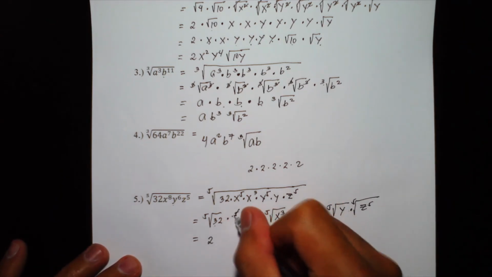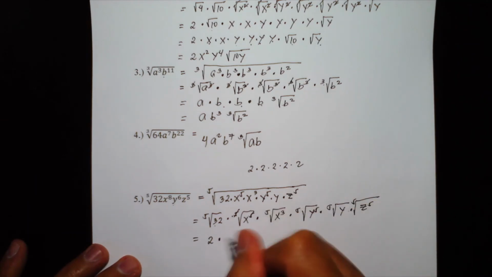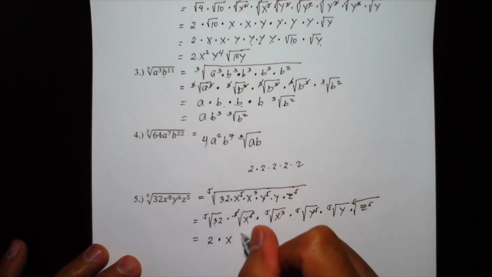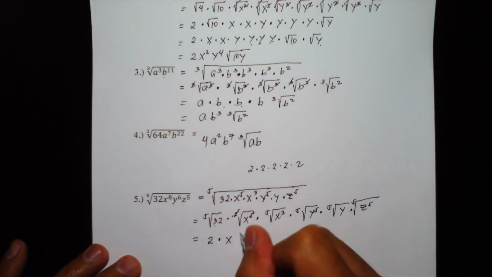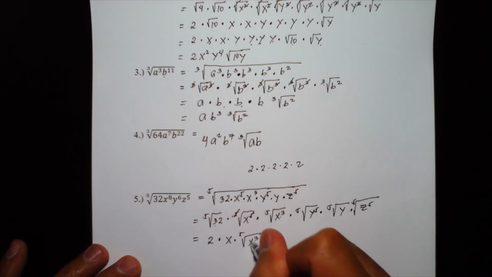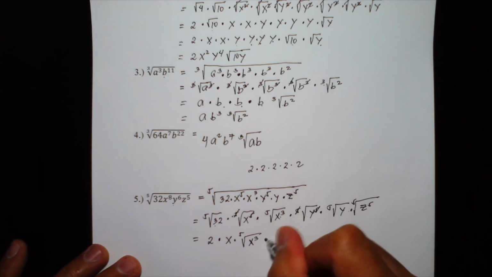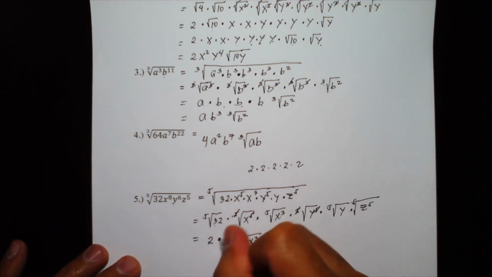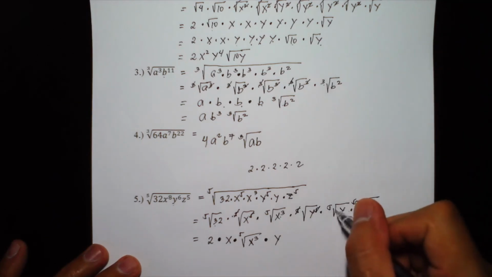So we need to cancel this one. It satisfies the fifth root. For x, x raised to 5 satisfies the fifth root, therefore it will be the fifth root of x cubed. Then cancel this one, multiplied by y.